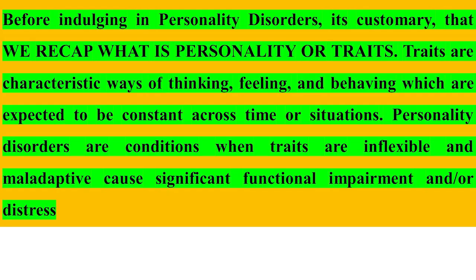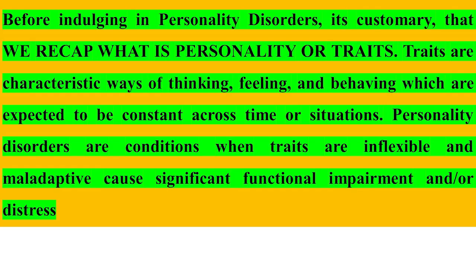So, before we start, let's make a recap of what you have studied as personality or trait. It is customary for me to make you a quick recap of the definition of personality or traits. Traits are the characteristic ways of thinking, feeling or behaving which are expected to be constant across time and situations.